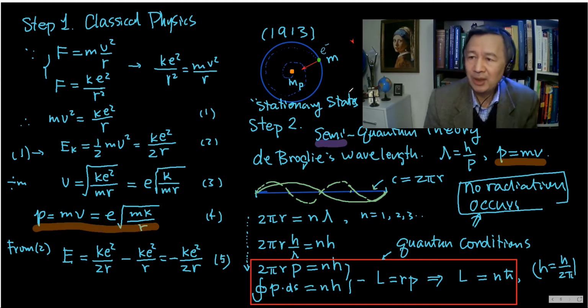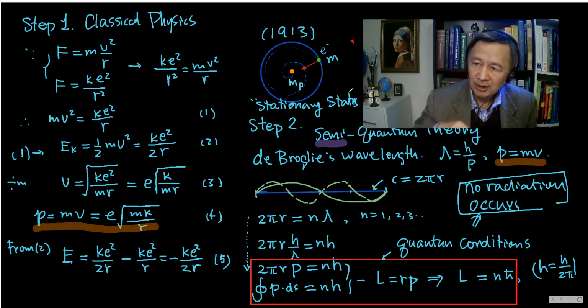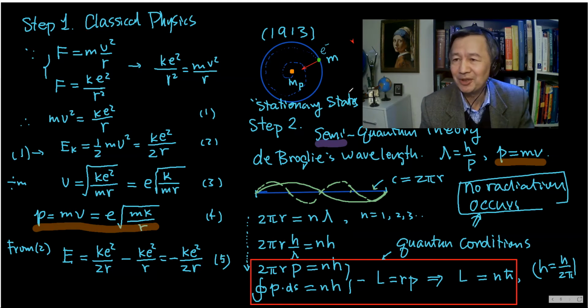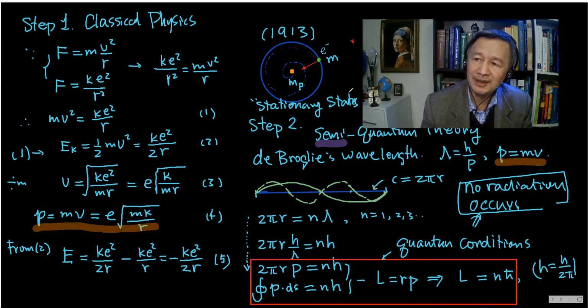You're trying to say that if the electron is located in these so-called stationary states, there is no emission. Of course, it's just a hypothesis. There's no theoretical explanation in his days or by himself.